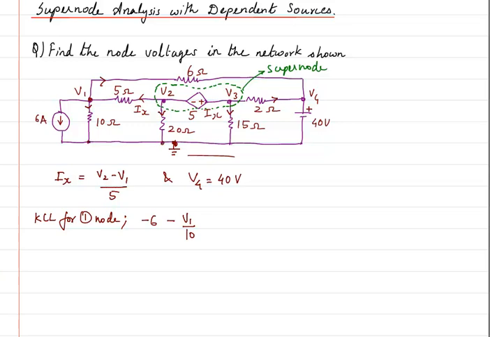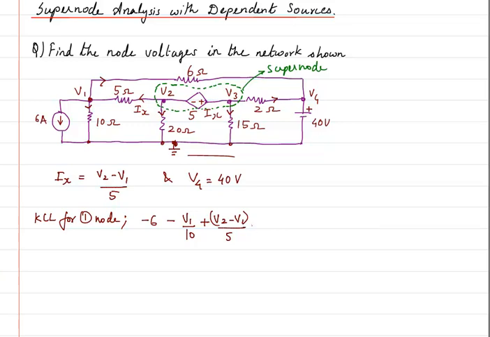These are all reference nodes. So (V1 minus 0) divided by 10 is V1 by 10. Then the third current is incoming current, which is plus Ix, and Ix we have already written as (V2 minus V1) divided by 5.